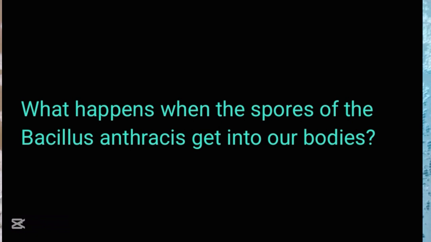And the problem with these cytokines is they cause a reduction in the blood pressure. Once the blood pressure has been reduced, the amount of blood that reaches the organs of the body, especially the vital organs of the body, for example, the brain, the heart, the kidneys, will also reduce.